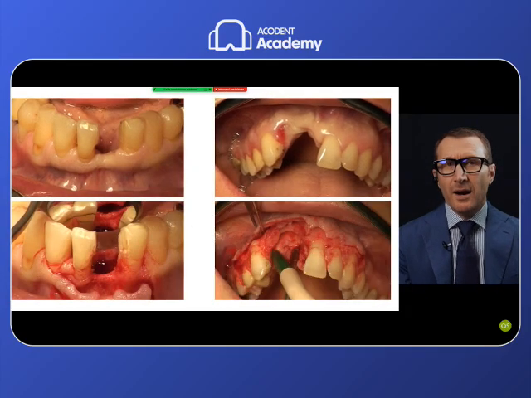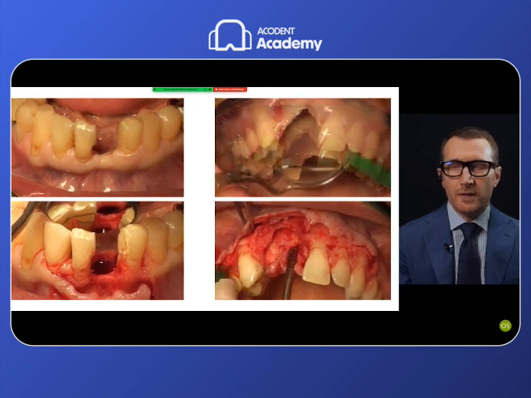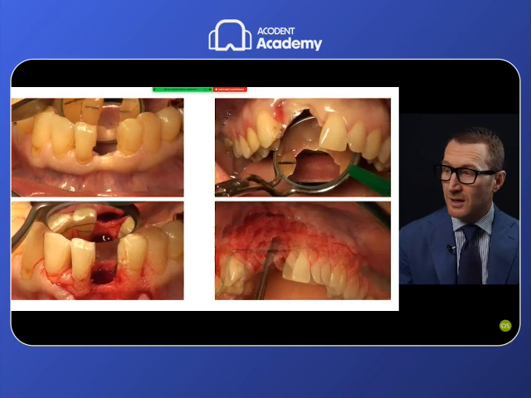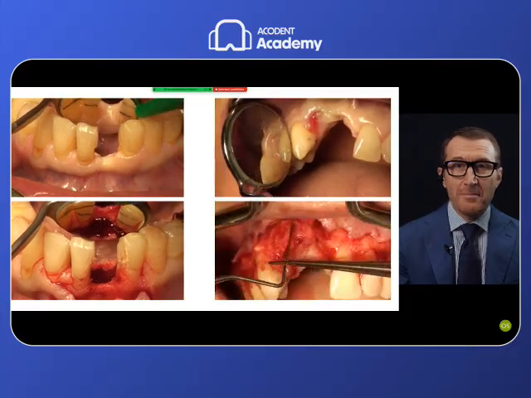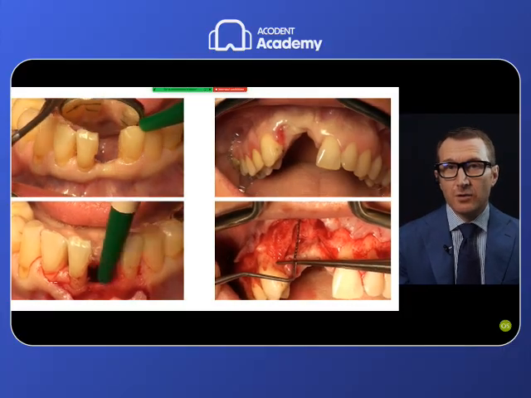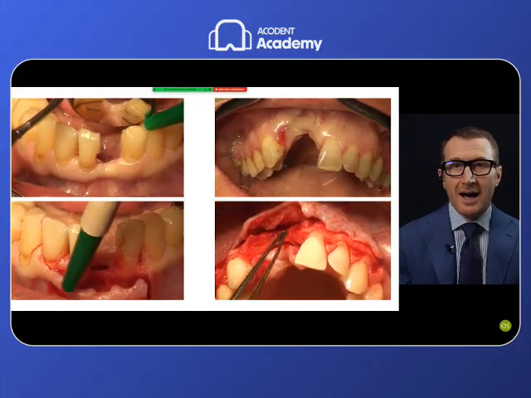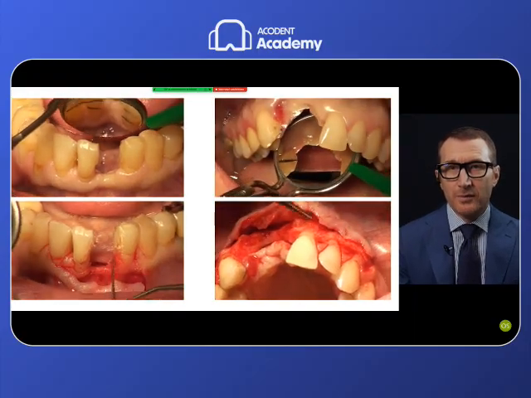So this will be the flow of my lecture. If we are working on vertical or horizontal augmentation, we may have many ways on how to perform this type of augmentation.